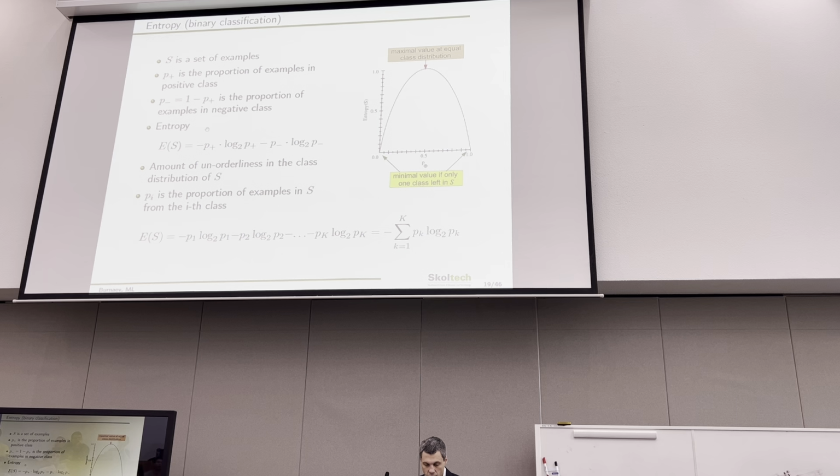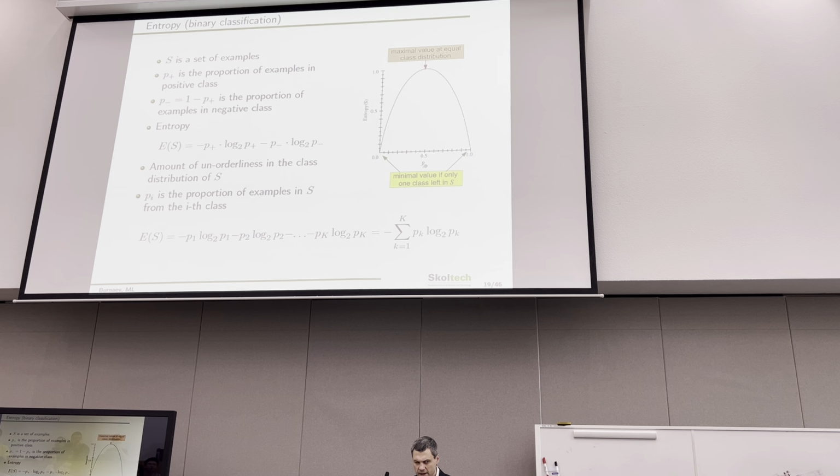The entropy formula for this binary case is like this, and the entropy attains its maximum when P plus equals P minus equals 1/2. That means that in the considered data set, you have half positive examples and half negative examples.